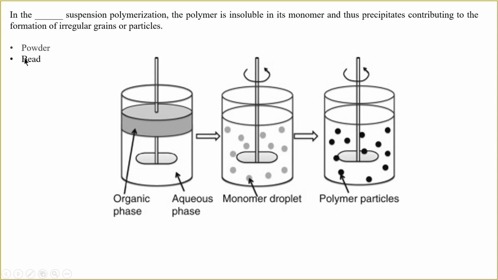Because beads are smooth and spherical in nature, this branch of suspension polymerization is called bead. In powder suspension polymerization, the polymer is insoluble in its monomer and thus precipitates, contributing to the formation of irregular grains. So the answer for this question is powder polymerization.